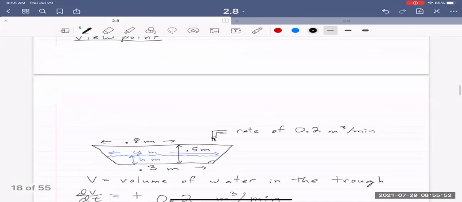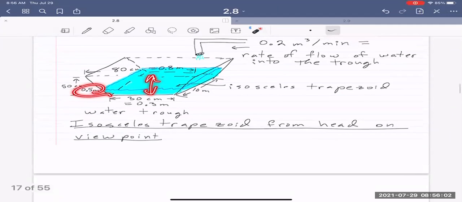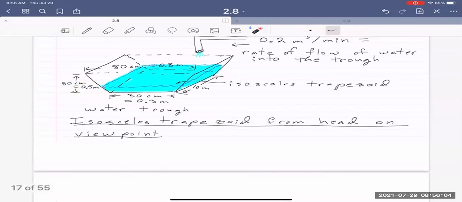Well, let's see. The total height of this trough here is 0.5 meters. And the length of this base is 0.3 meters. The length of this one is 0.8 meters.